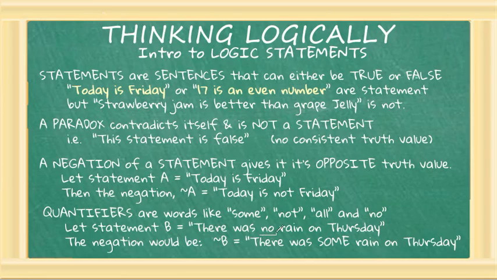Okay, the quantifier is no, because that can change if I put a different word there. No rain means there was absolutely no rain on Thursday, not even a drop or anything. Okay, now the opposite, not B, would be there was at least some rain. All it would take is a little bit of rain or some rain on Thursday to make this other one that says there was no rain false.